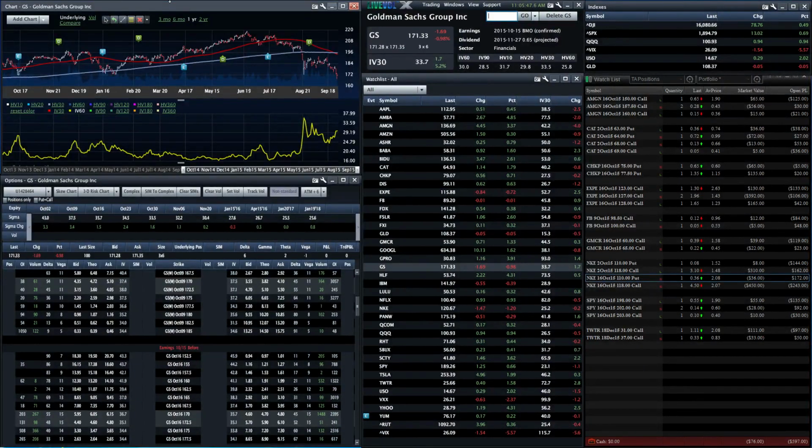A lot closer than what the heightened volatility measured. Okay? So that is what implied volatility means. Again, it's forward looking. It's not backwards looking, it's forward looking.